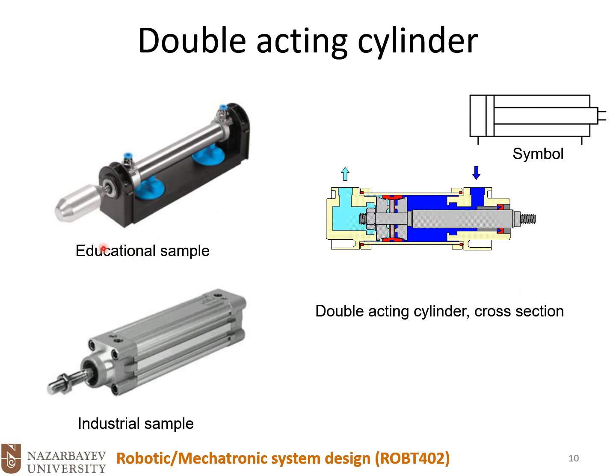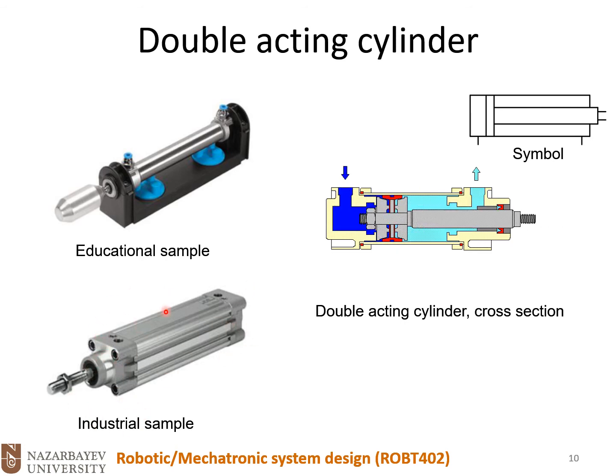Here you see one educational sample of this type of cylinder. Very clearly you can see two main ports. We don't have those vents because the main ports act as vents. Here you can see one industrial sample.